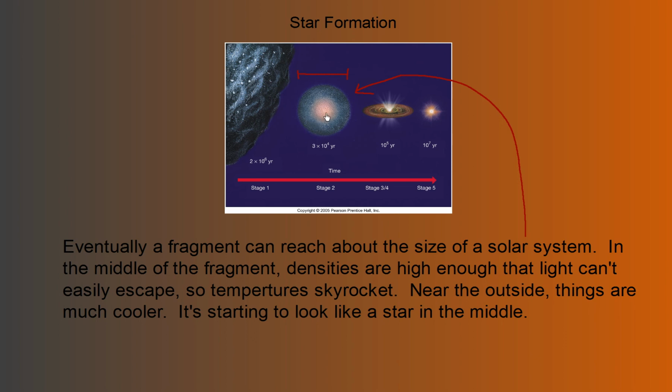So what's going on is finally there's some differentiation. In the middle here, gravity has caused the density to be high enough that finally light can't easily escape. And if that energy stored in the light can't get out, then it's stuck in there, and that causes it to really heat up, and it's starting to look like there's a star in here.